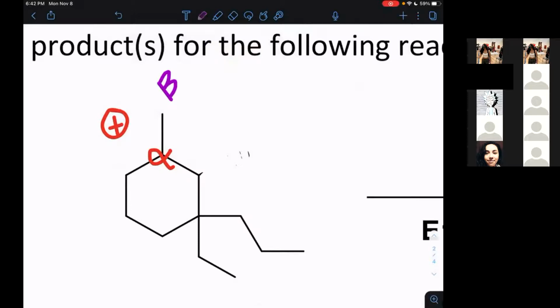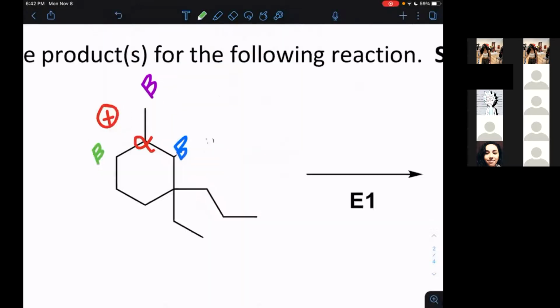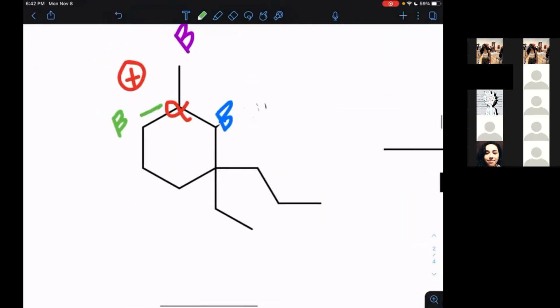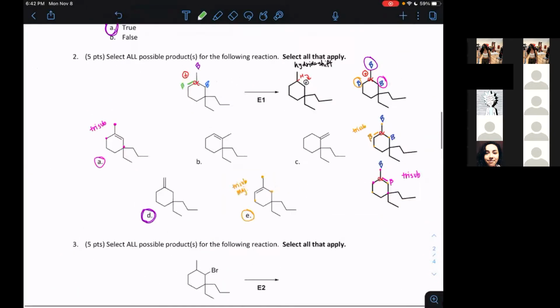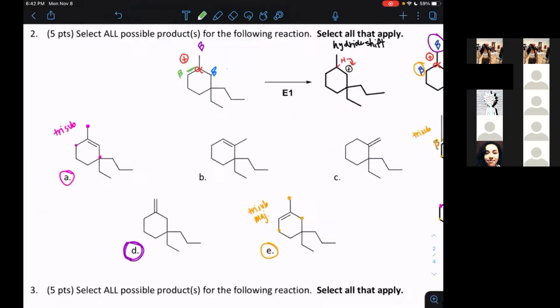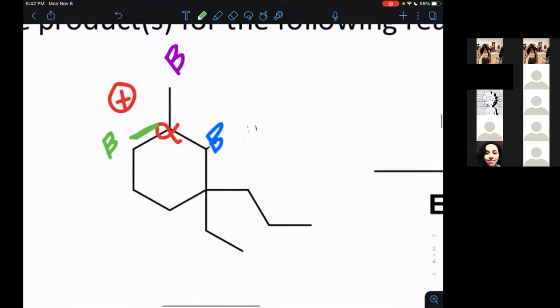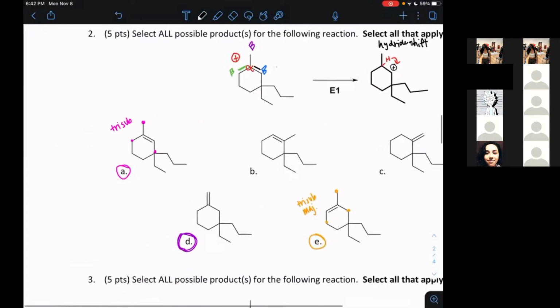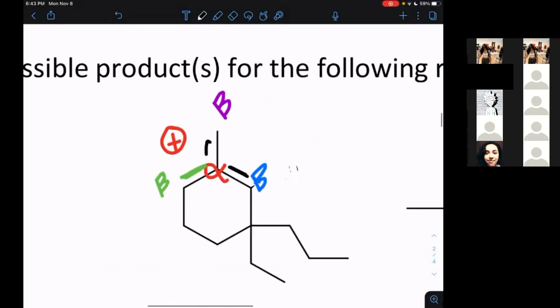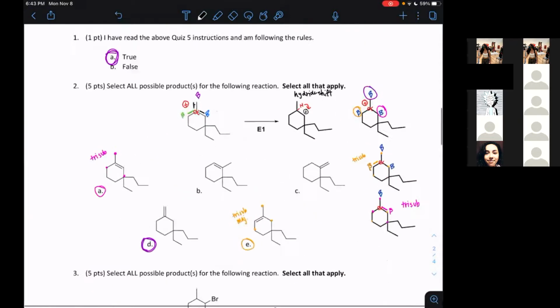You have this one, and this one, and then you'll have a 3rd one. And then it just says to show all the possible products. So we have one with a double bond right there, which is E. And then we have one with a double bond right here, which is A. And then we have one with the double bond up here, which is D.